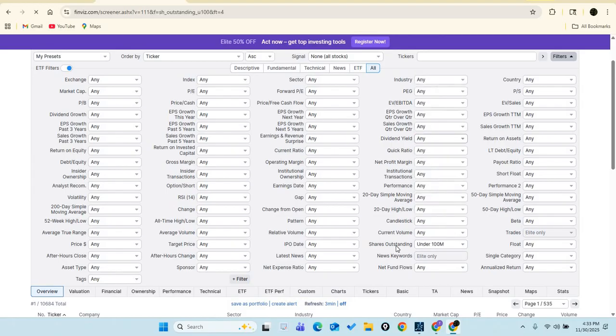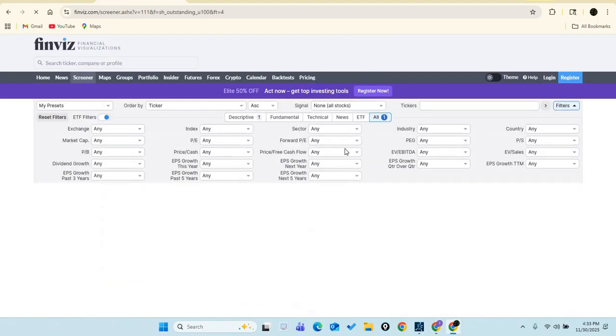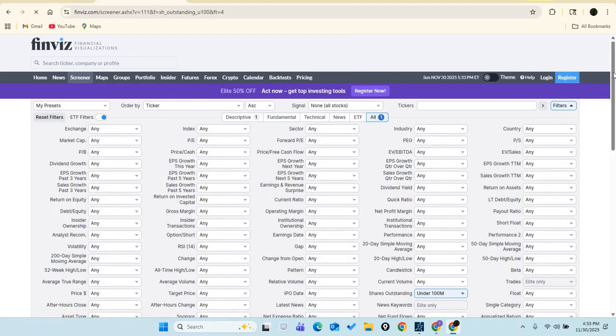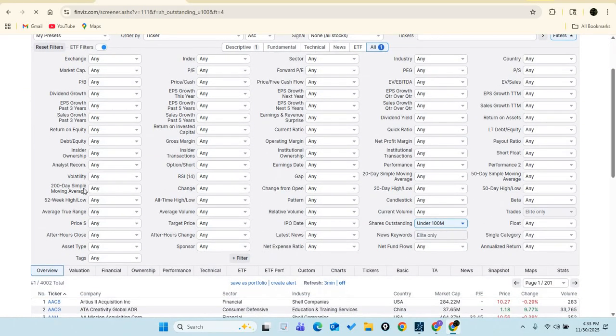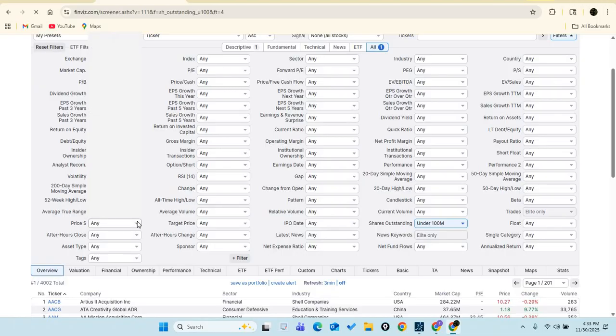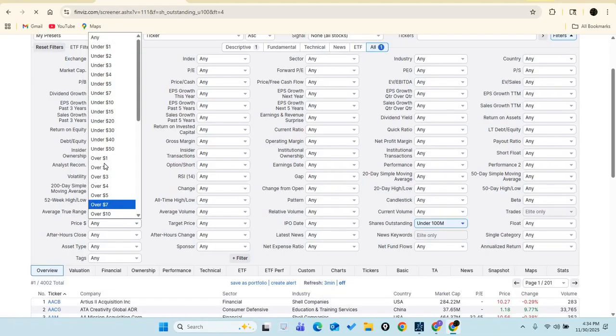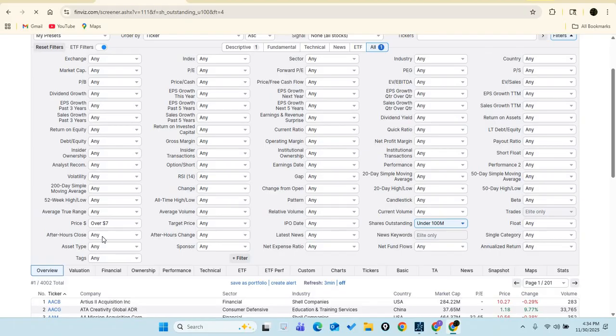I haven't used this in a while, like I said. You can go under or over, but let's say I want to do over $10. Actually, let's do over $7. Then I want any asset type, index, price, margin, change.